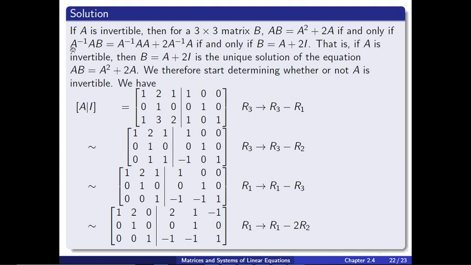So we say A inverse times AB equals A inverse times AA, since A squared is just AA, plus 2 A inverse A. This is true if and only if B equals IA, which is just A, plus 2 times A inverse A, which is just I. In other words, B would be equal to A plus 2I.